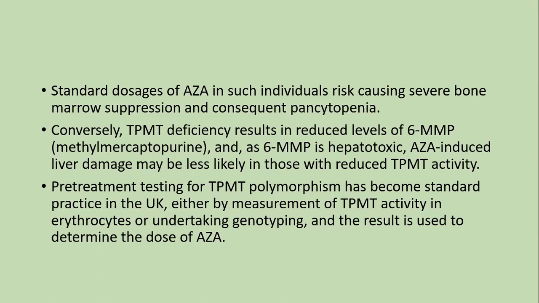Pre-treatment testing for TPMT polymorphism has become a standard practice in the UK, either by measurement of TPMT activity in erythrocytes or undertaking the genotyping, and the result is used to determine the dose of azathioprine.